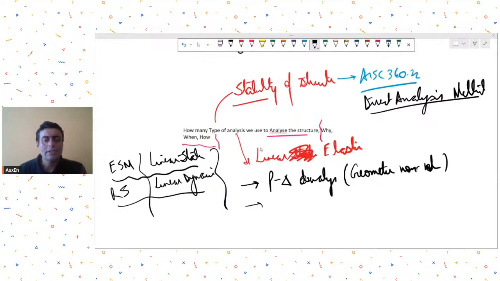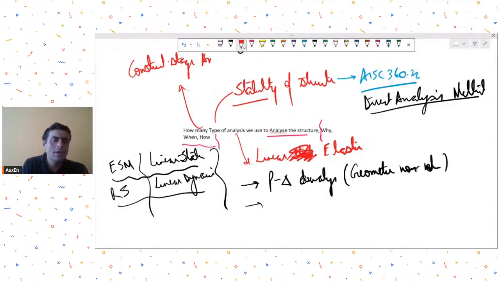You may also say that for some structures, we may do additional analysis, like maybe the construction stage analysis. Over there also we consider the geometric nonlinearity and we do the step analysis as per the construction sequence.